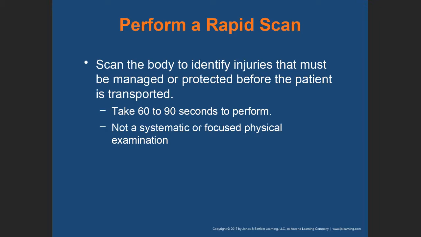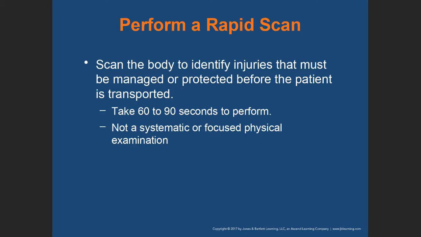Then I focus on the system that is being affected, right? So a rapid scan wouldn't be necessary because this patient can clearly tell me what is going on. ABCs is a must. I will consider the history, the vital signs, and then focus on the system being affected.